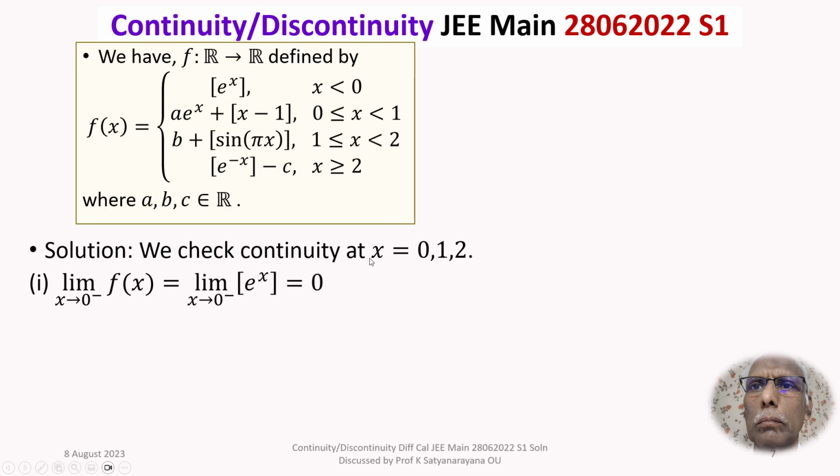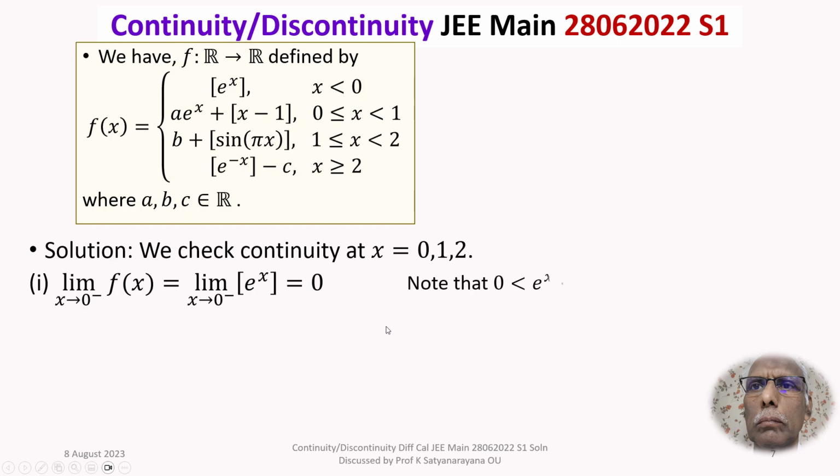x equal to 0, continuity at x equal to 0. For that, we check the limit as x tends to 0 minus of f of x, the left hand limit. LHL is equal to the limit as x tends to 0 minus, so this part of the function, that is [e^x], and the limit as x tends to 0 minus of [e^x] is 0.